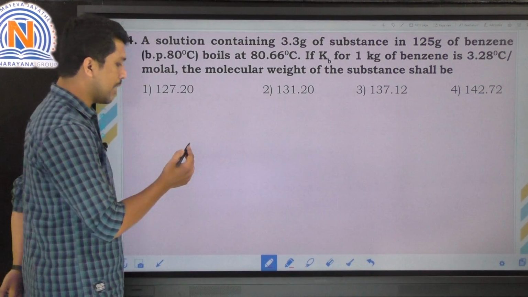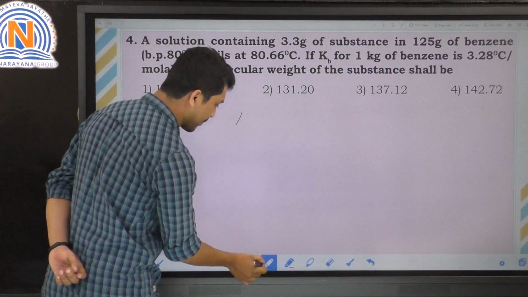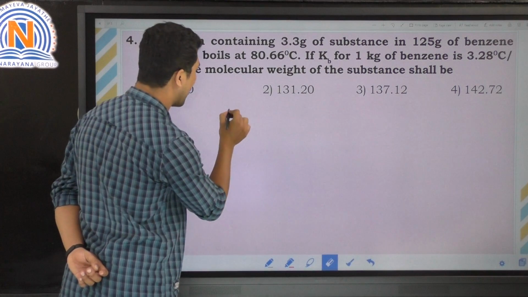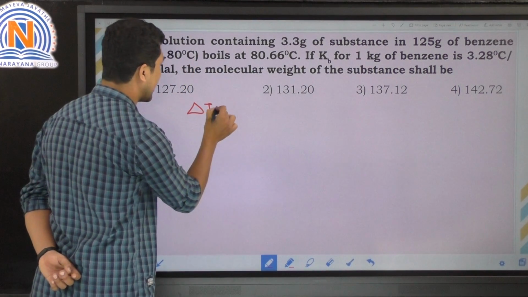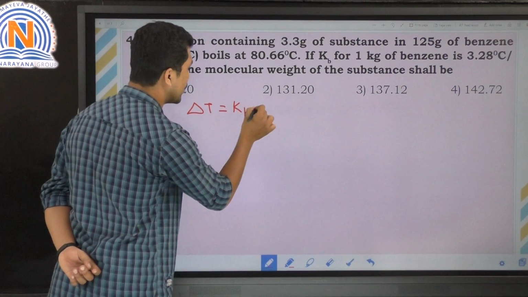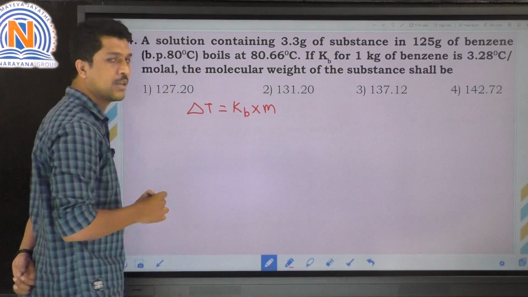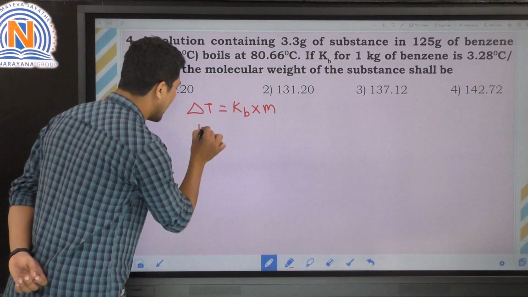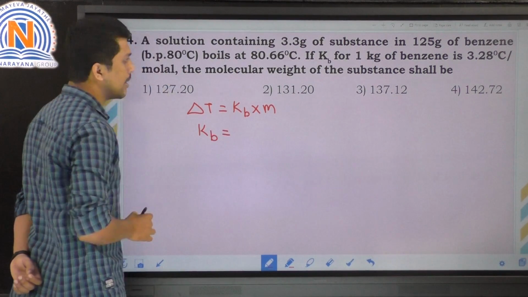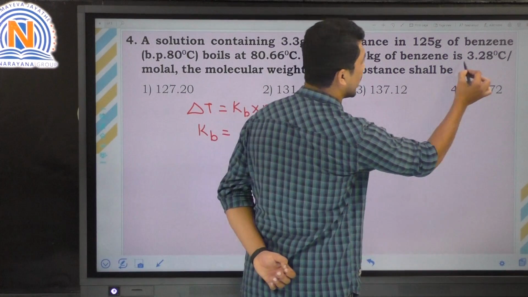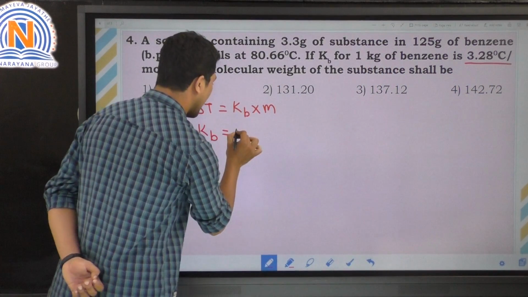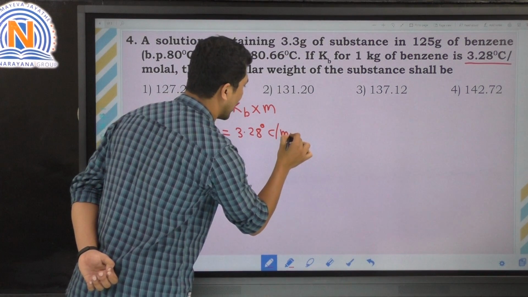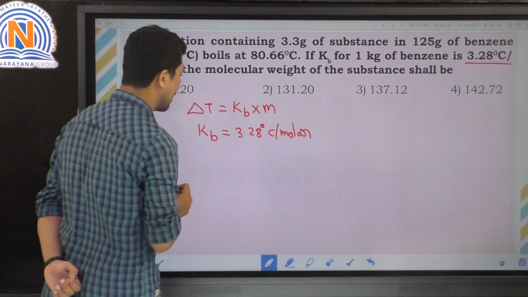So here the elevation of boiling point delta T equals Kb into the molality of the particular solution, right? They have given Kb, that is 3.28 degrees centigrade per molar.